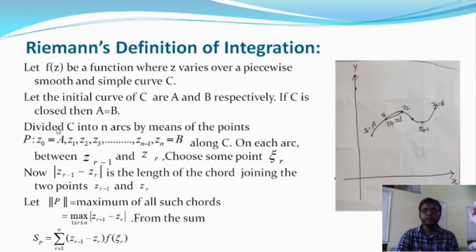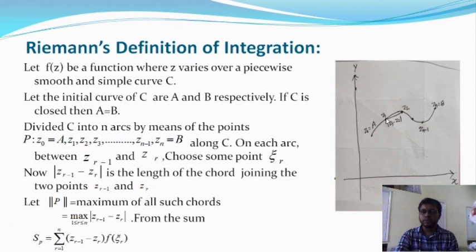So now let us divide C into n arcs by means of the points P such that z0 is equal to a, z1, z2, z3 and up to zn, and zn is equal to b. Look at the figure. This curve is any arbitrary curve on the complex plane, whose beginning point is z0, with z0 equal to a, and the end point is zn, with zn equal to b.